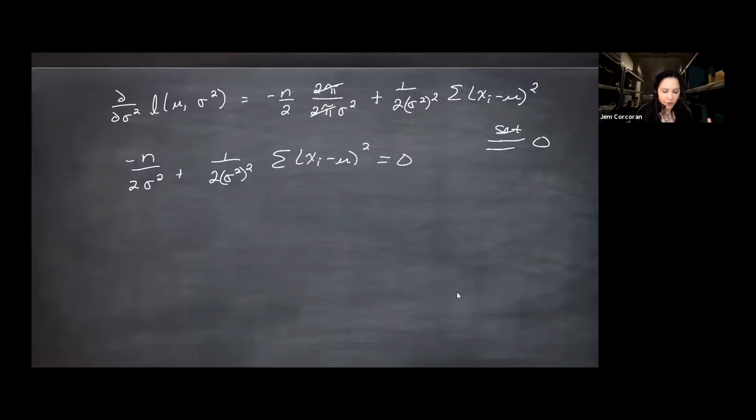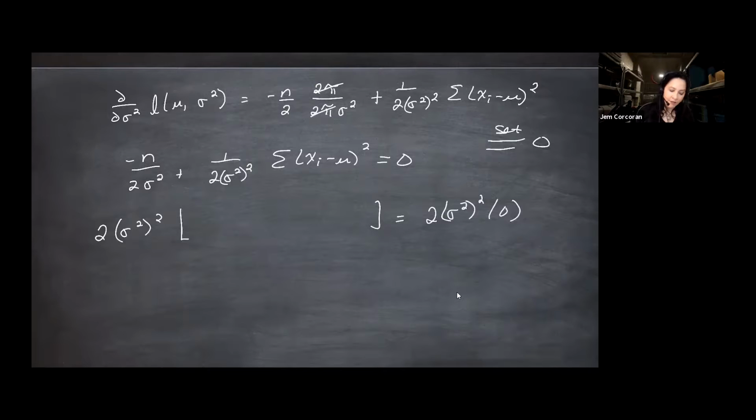So my advice is usually, for most problems in probability, to multiply through by the common denominator. 2 sigma squared on both sides. And then what's left on the left side is minus n sigma squared plus the sum of the xi minus mu squared, and then the right side is still 0.